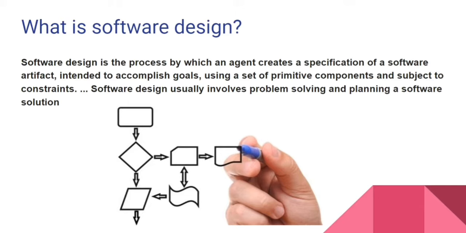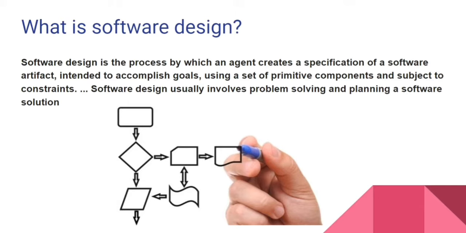Software design is a very important factor of software engineering when we develop software. Software design tells us how the functions are performed by the software, or what functionality is delivered by the product. Software design is the process by which an agent creates a specification of software, meaning the user requirements are captured and implemented in the system.